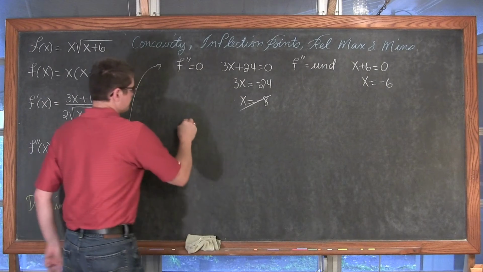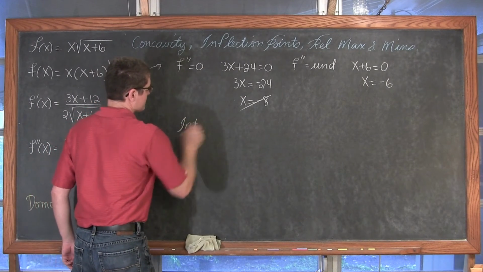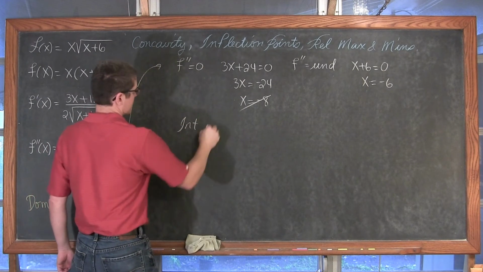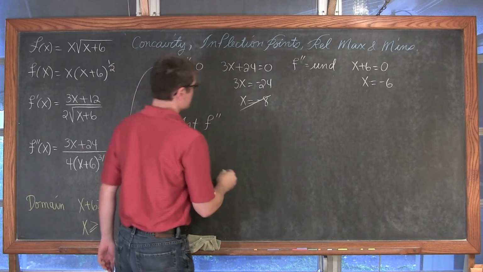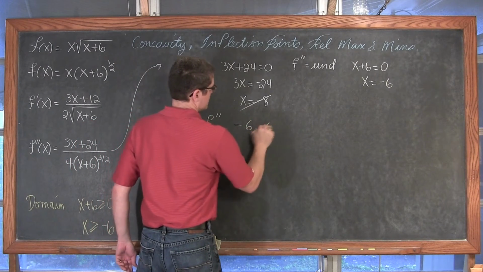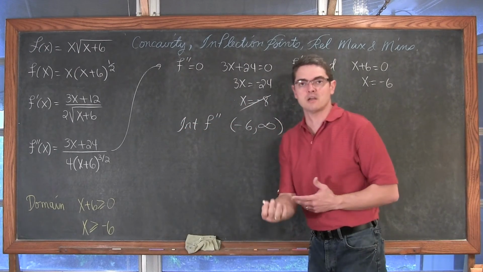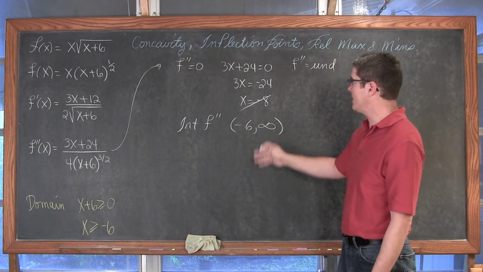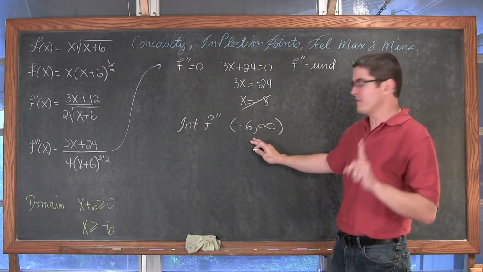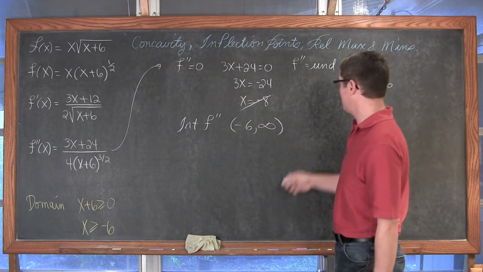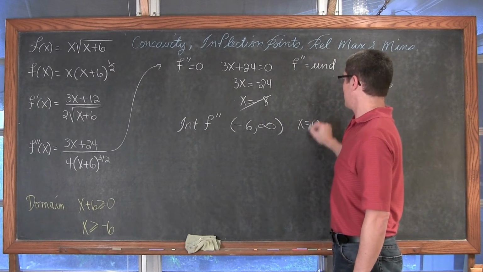So our interval that we care about for the second derivative is from negative 6 to infinity. And if I want to find out if the function is concave up or concave down there, I need to take just one value within this interval, like let's pick the easiest one, and do a test value of 0.